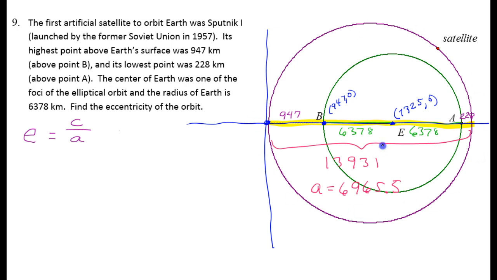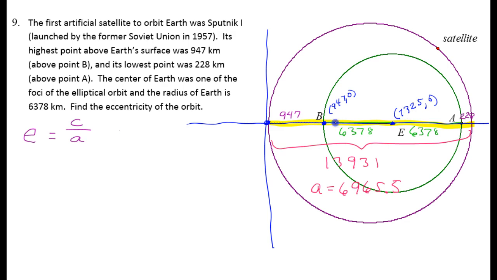Okay, now the question is, where is the center of this satellite orbit? Well, remember that we know that the total distance, the major axis, is 13,931. And so the A value, half of that, is going to be 6,965.5. So we can use this number right here to place the center on this little number line. So it's going to be somewhere between 947 and 7,325.